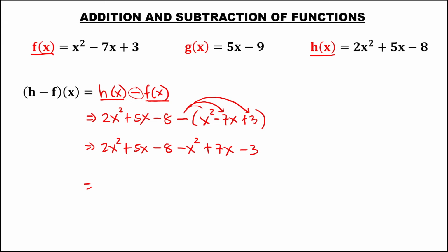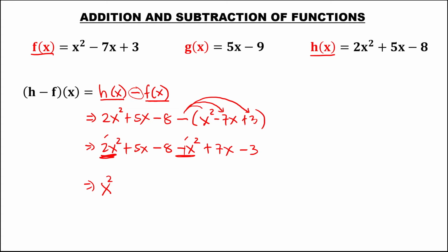Then combine like terms. So 2x squared and negative x squared. Since there is one numerical coefficient for x squared, this becomes 2 minus 1, that's 1, or simply x squared.